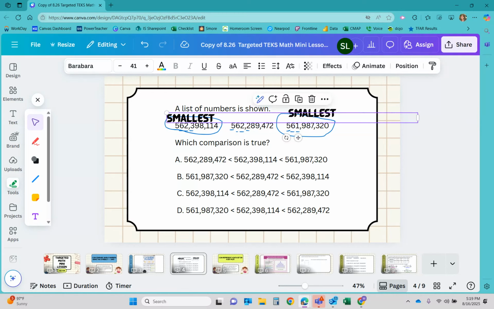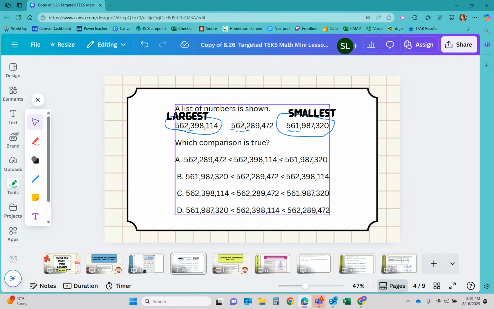So I'm just going to move this label over here and put that on there. And this number in the middle is going to be the middle number.